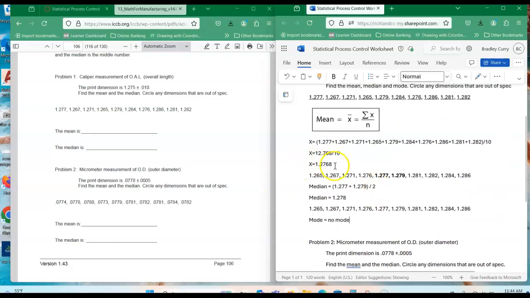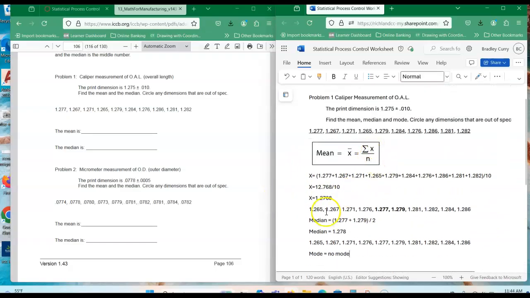One thing that I want to point out here: notice in this case right here, when we determined the median, I still have that as a 4-place decimal. Notice we had 3-place decimals with all of our data here, so that should indeed be a 4-place decimal in terms of actually calculating out the mean.